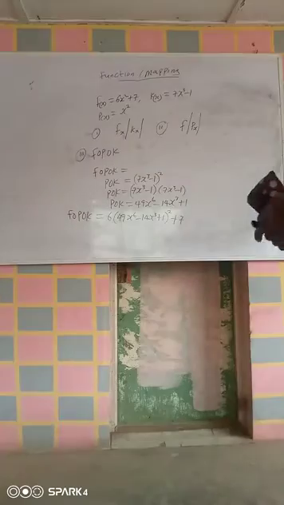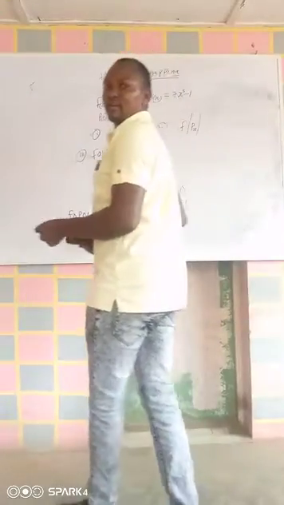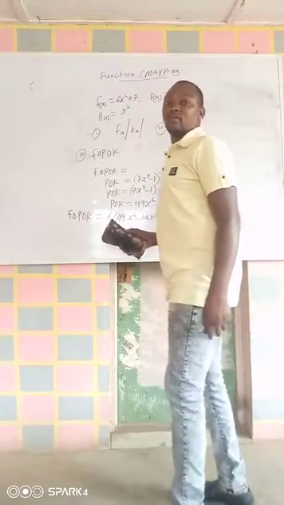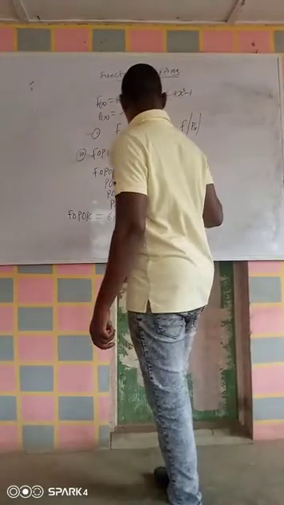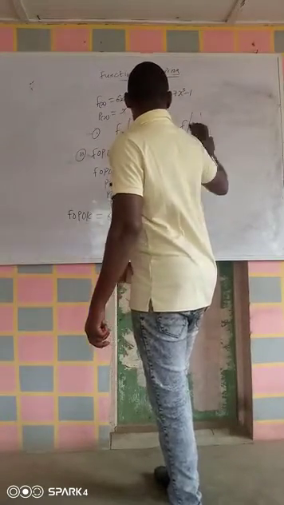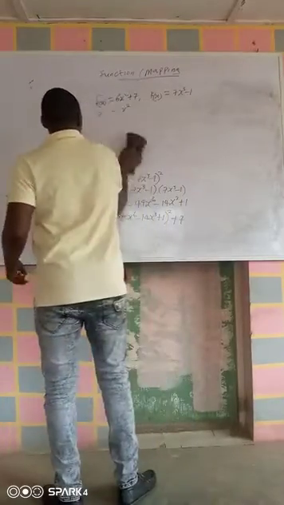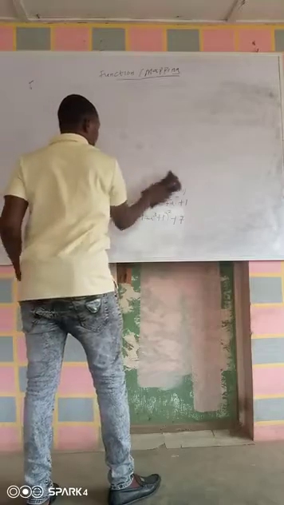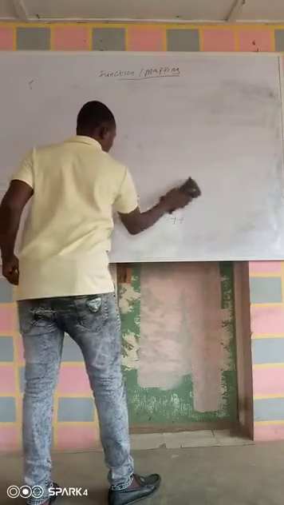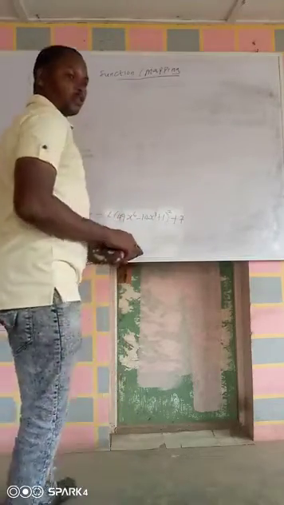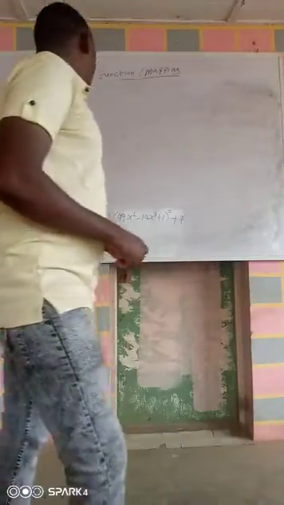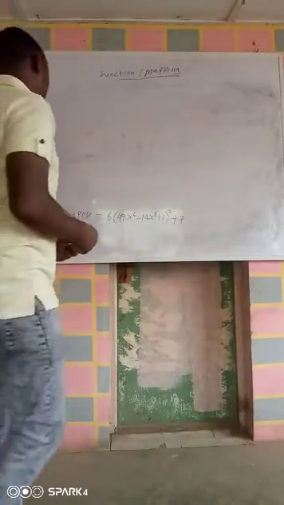Okay, so let us quickly finish this and see. 6 times 49, we have 304 the other time.